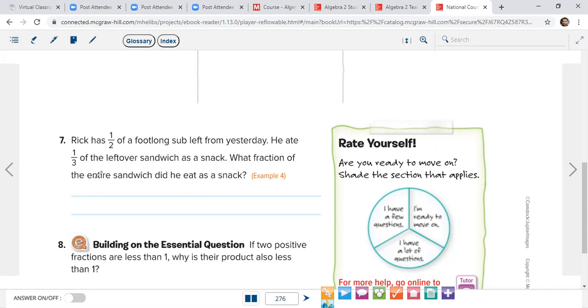What fraction of the entire sandwich did he eat as a snack? So it's like a third of half, which means third multiplied by half. So this is 1. 3 by 2 is 6. So 1 over 6 of the sandwich.